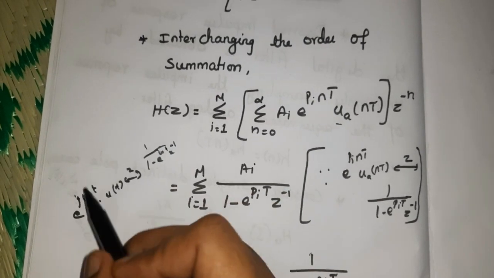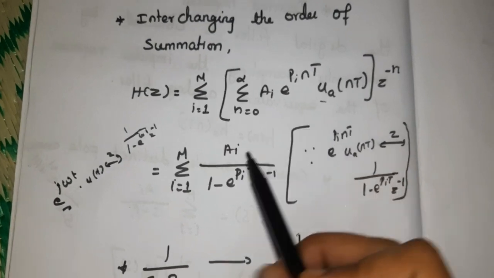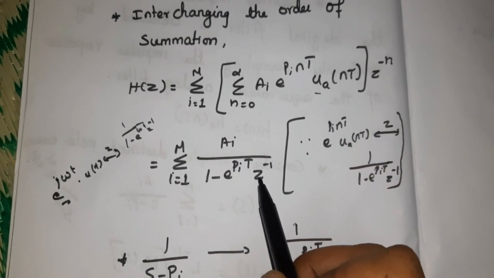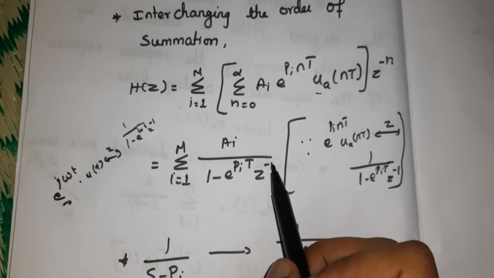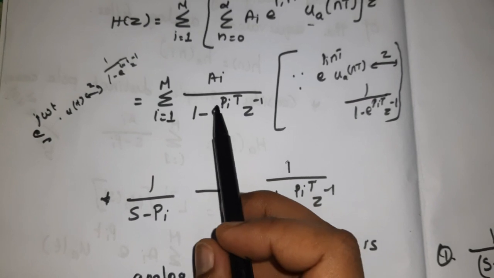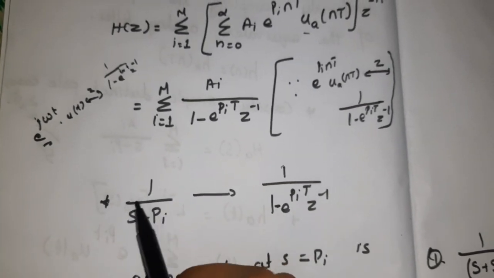So this is the z transform of this case. So we get for this a_i divided by 1 minus e power p_i T z power minus 1, and this summation.